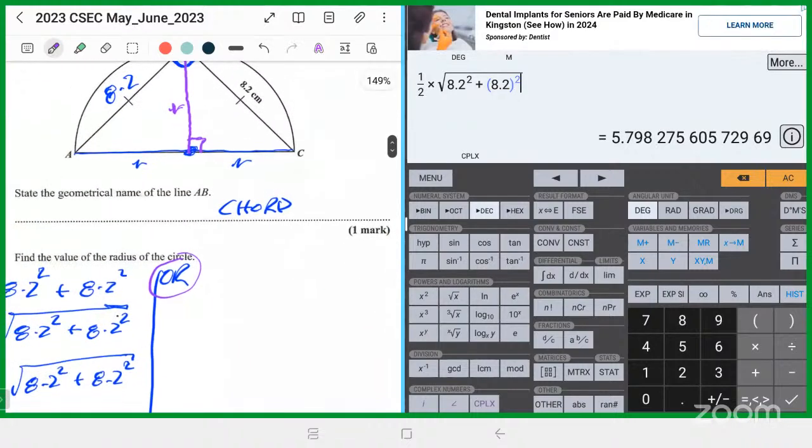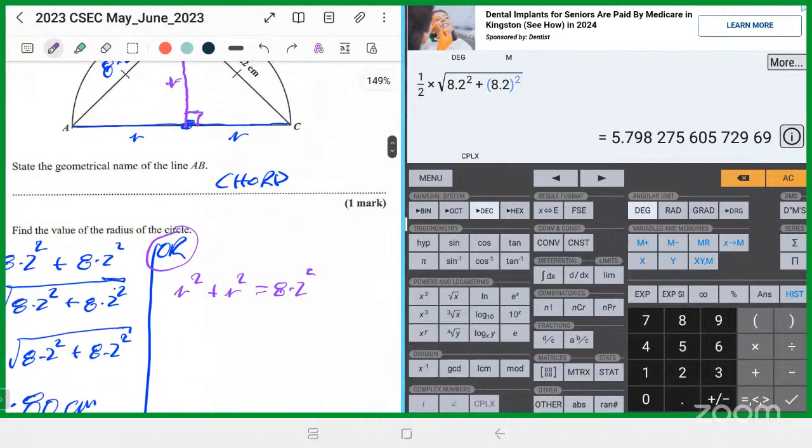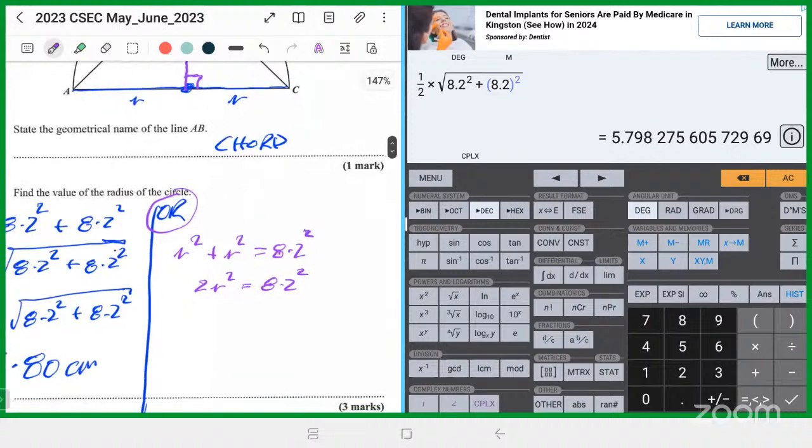Let's set it up that way. R squared plus R squared is equal to 8.2 squared. This is 2R squared. So 2R squared is equal to 8.2 squared. It's R we're trying to make the subject now.